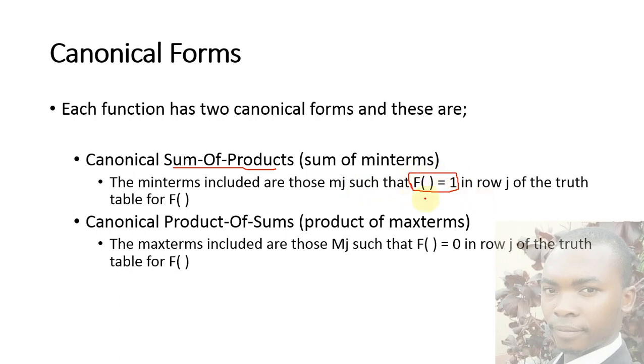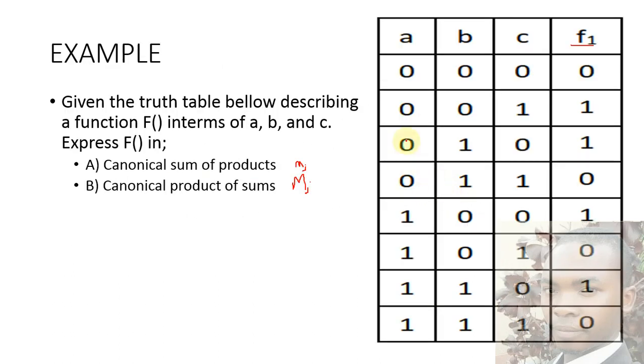Okay, the function is equal to 1. So let's go and see where this f is equal to 1. Where do we get f is equal to 1? Around here, in this row, in this row, and lastly in this row.